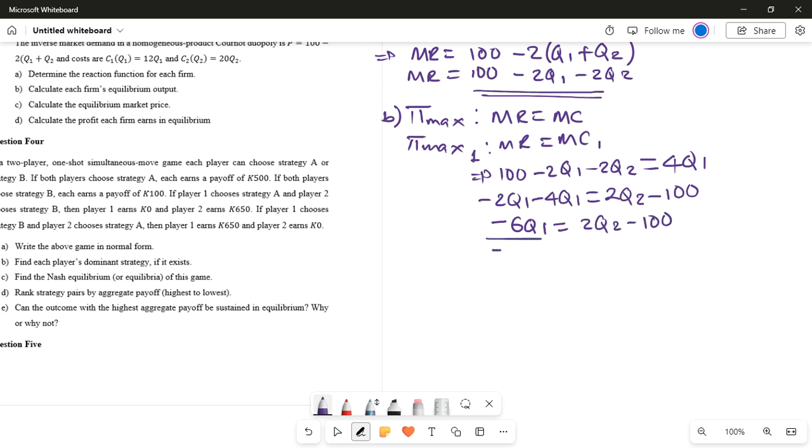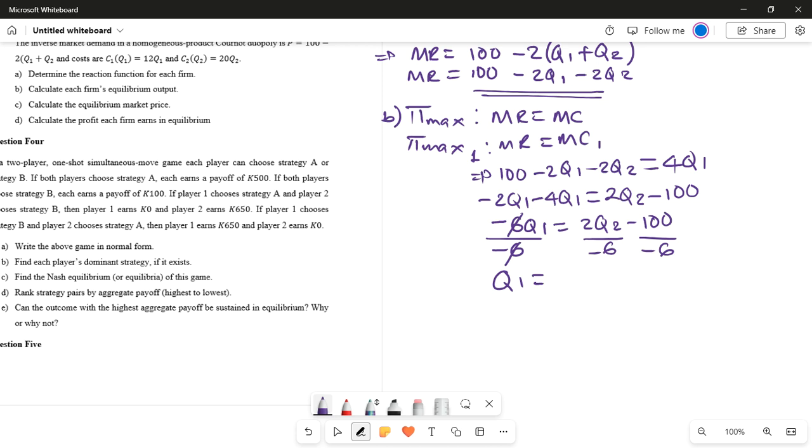Now we can divide by minus 6 throughout. So we cancel that, we end up making a function that is describing profit maximizing output for facility number 1, right? So we can do the division there.